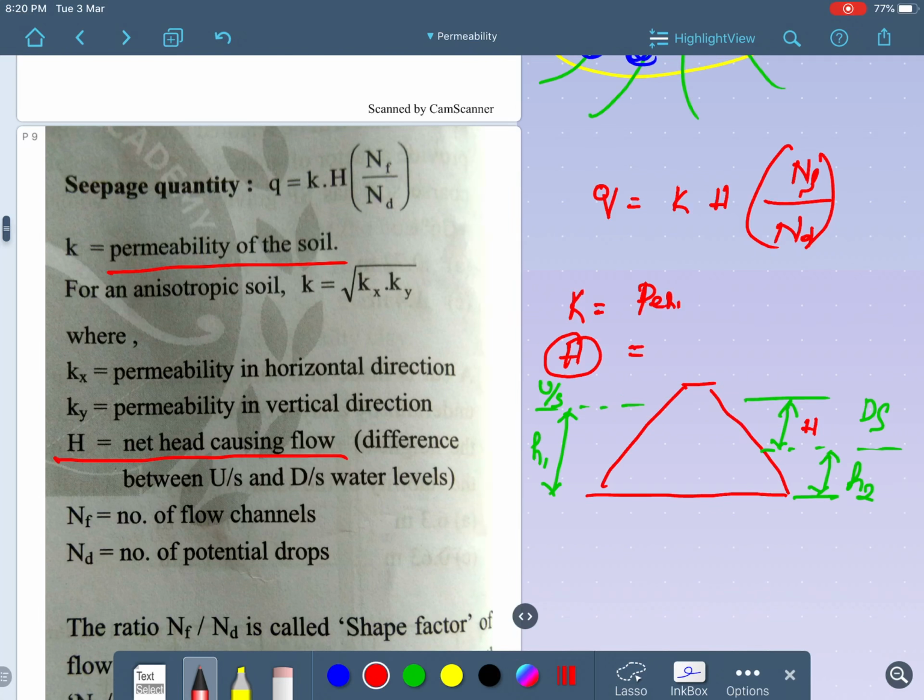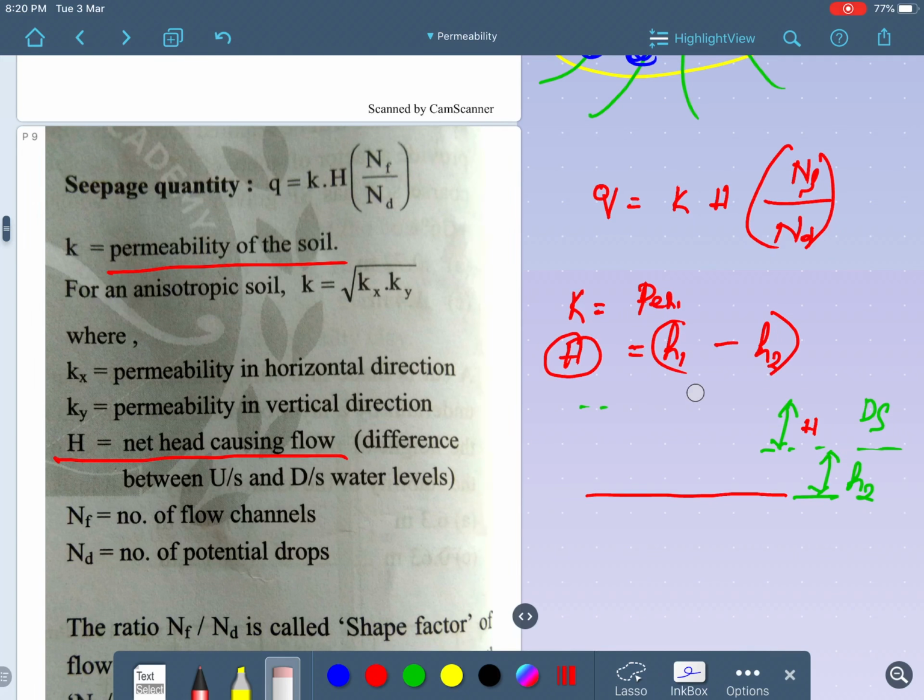This capital H will be equal to H1, the height of the water on the upstream side, minus H2, the height of the water on the downstream side. By this we can calculate the value of net head causing flow.